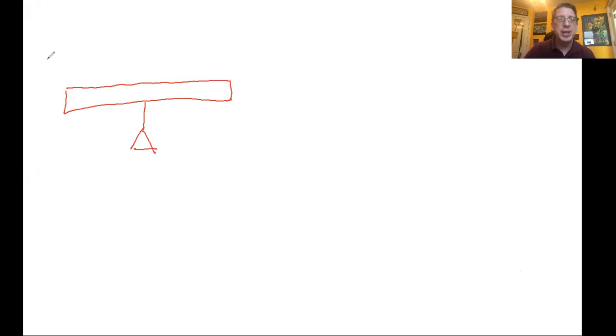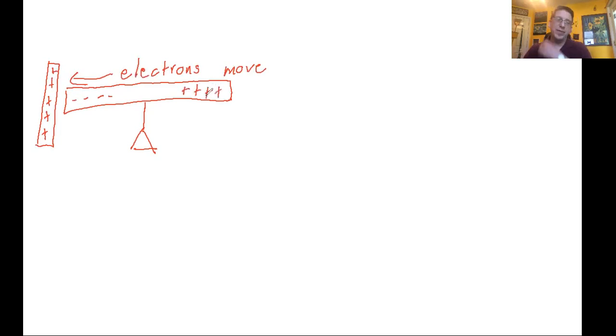You expose it to a positively charged object. So what's going to happen? Well, if the electrons can move through this freely, they're going to be attracted to the positively charged object. So the electrons are going to move to the left in this case, and there's going to be a shortage of electrons on the other side, so it gains a positive charge.